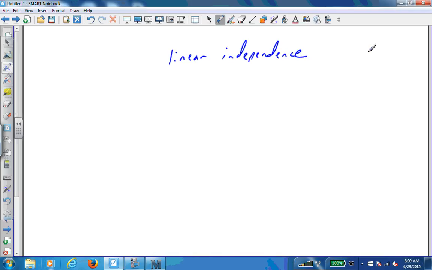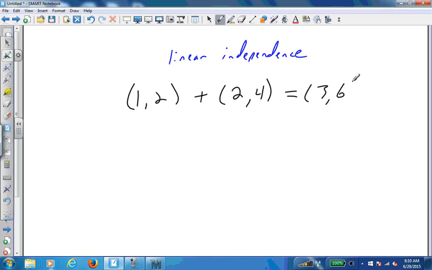So let's look at an example. If I have the vector 1, 2, I add that to the vector 2, 4, we get 3, 6. So 3, 6 is a linear combination of those two vectors.